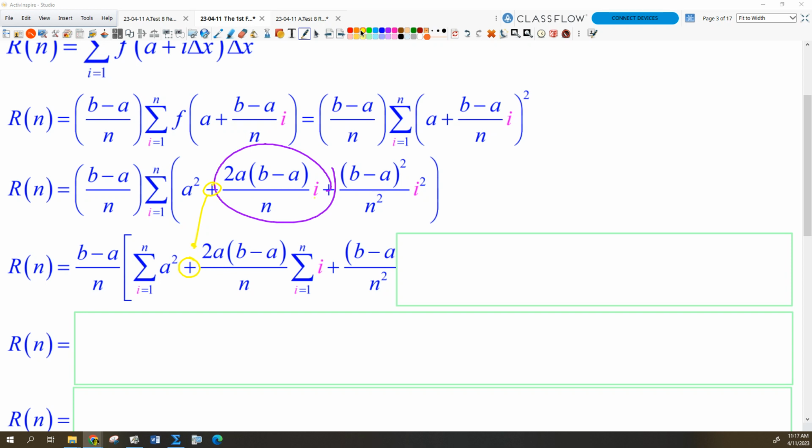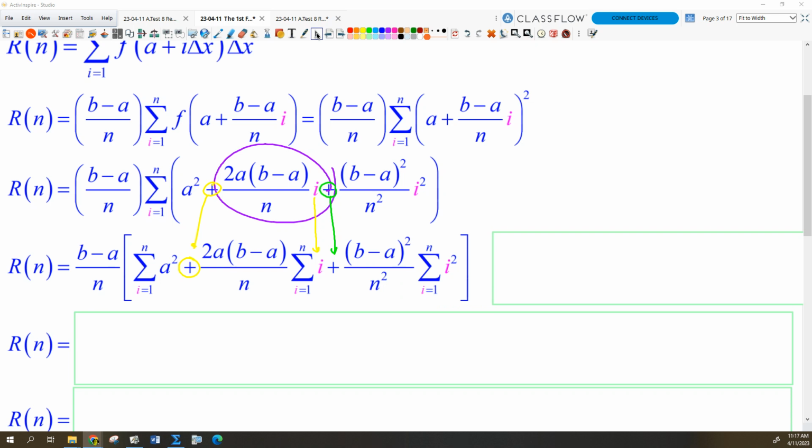And then we're just left with the sum of i, right? Here's our next plus sign. So this is the plus sign connecting us to the third summation then, right? Again, we've got all this stuff, this b minus a quantity squared over n squared, no i's, so we can pull that out in front of the sigma. And then we just get the sum of i squared.